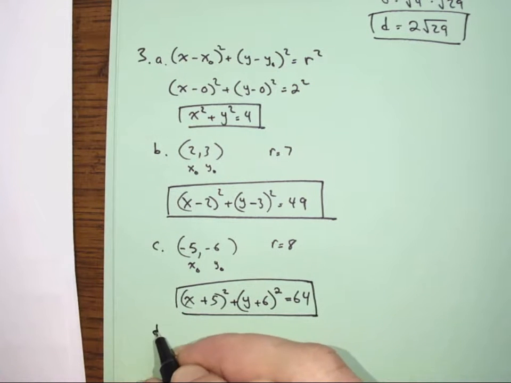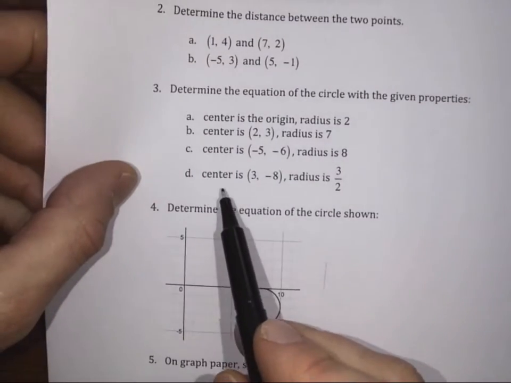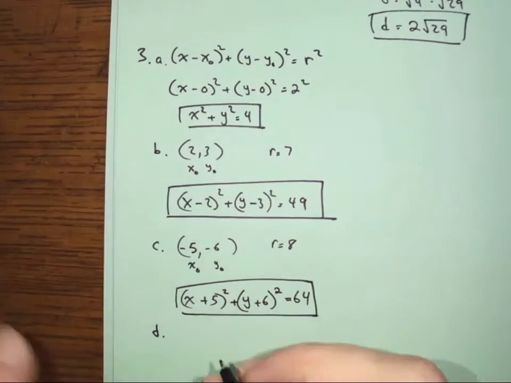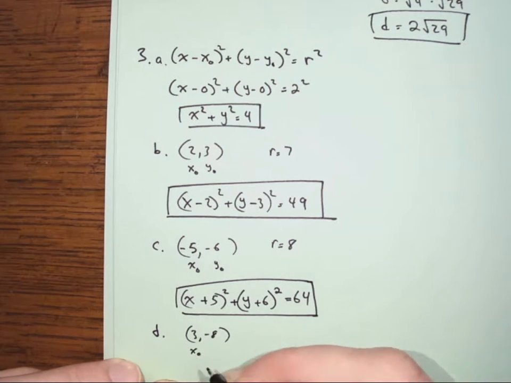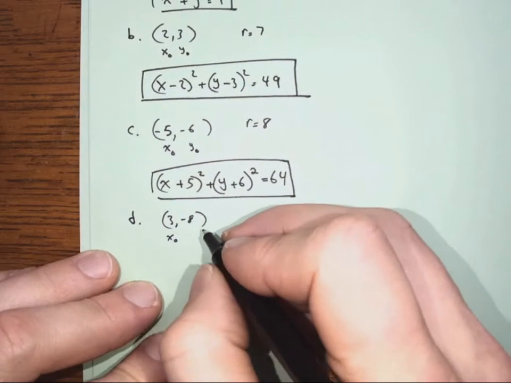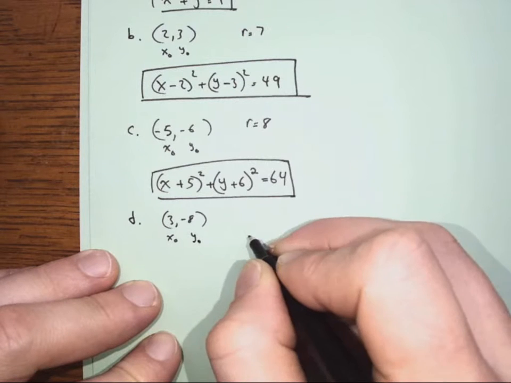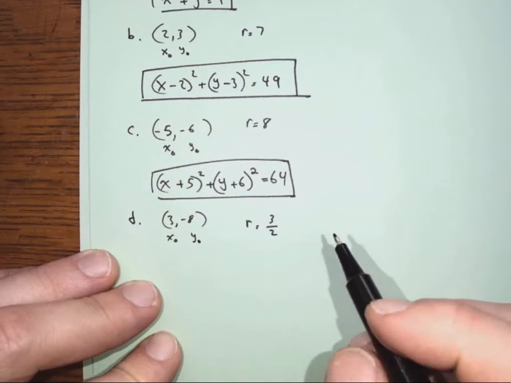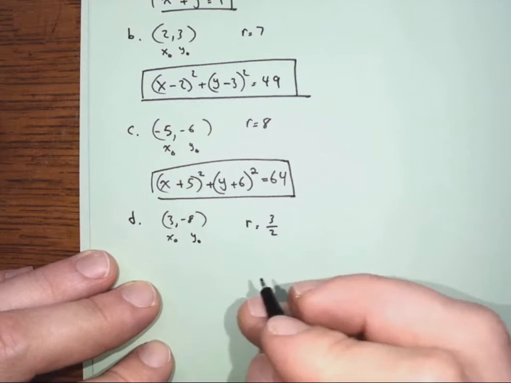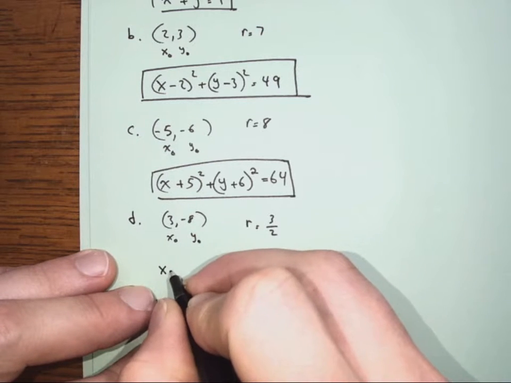All right, last question for question 3. So we've got a center at 3, -8. So the point is 3, -8. And that's our x naught and our y naught. And it says we have a radius of 3/2. Okay. So that means I'm going to rewrite my formula.